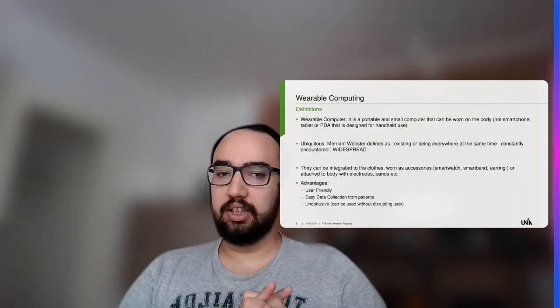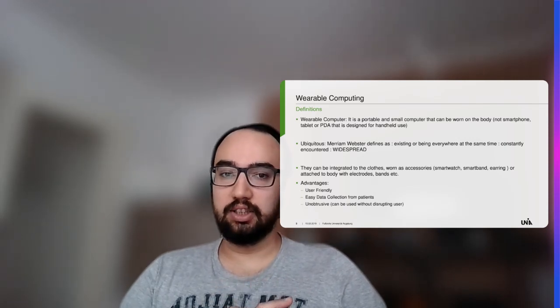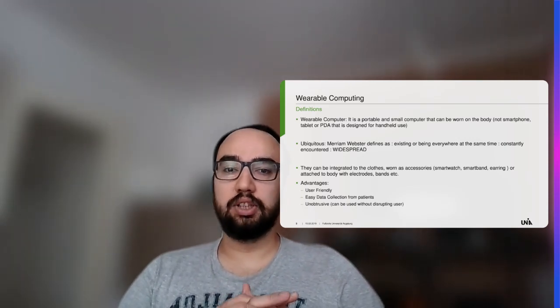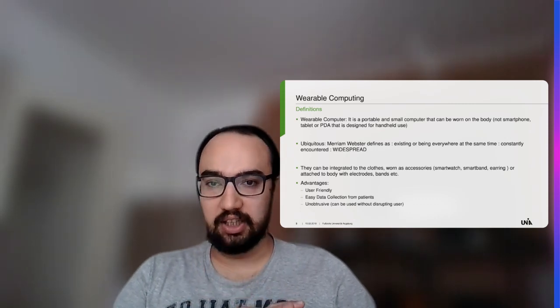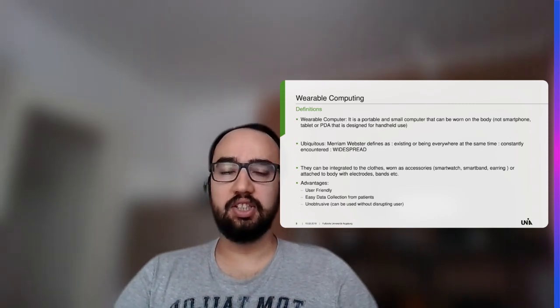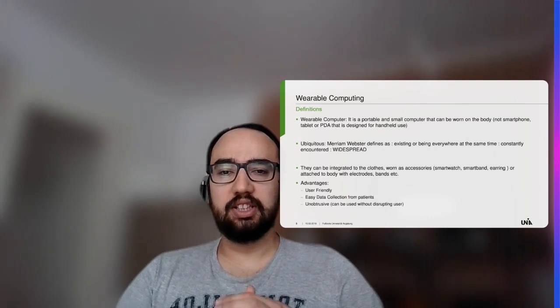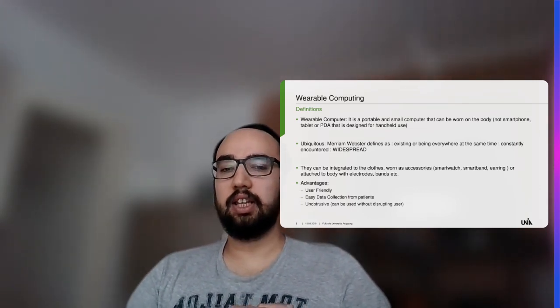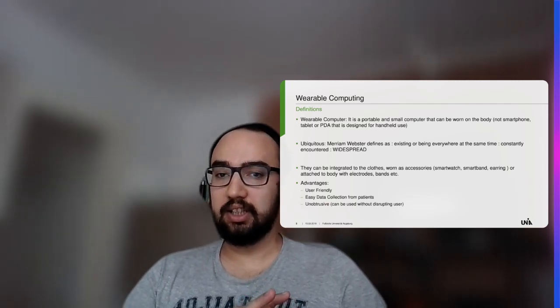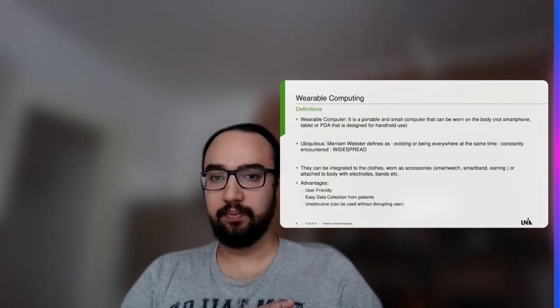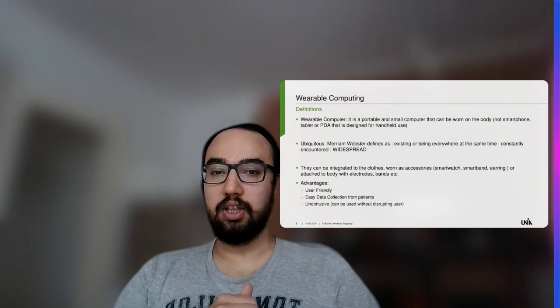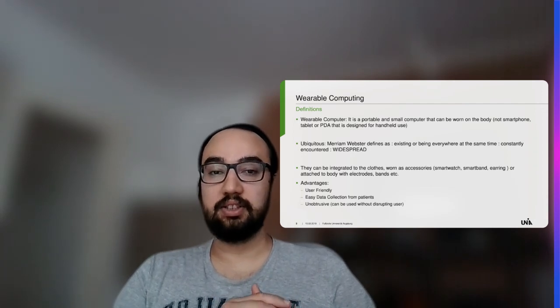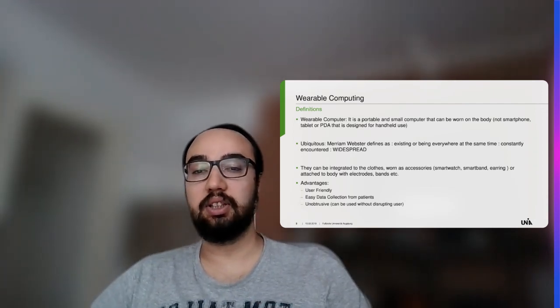These devices can be integrated into the clothes, worn as accessories, or attached to the body with electrodes like ECG, EEG, etc. So what are their advantages? They are mostly user-friendly. They can be used for collecting data from patients easily, and they are mostly unobtrusive. That means they can be used without disrupting the user.